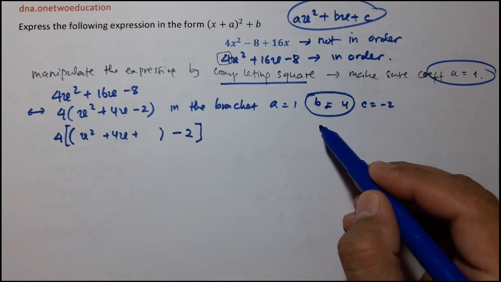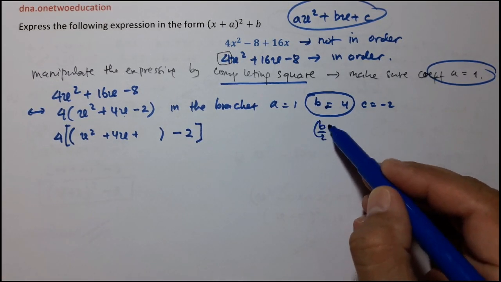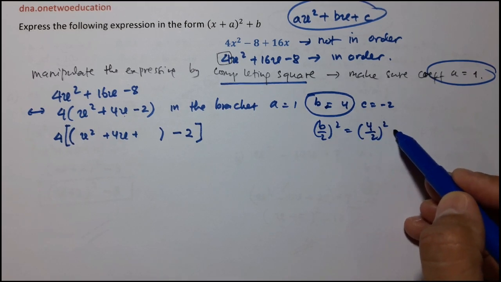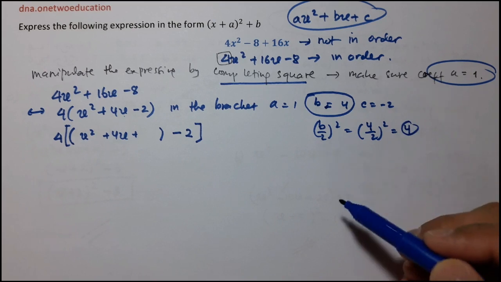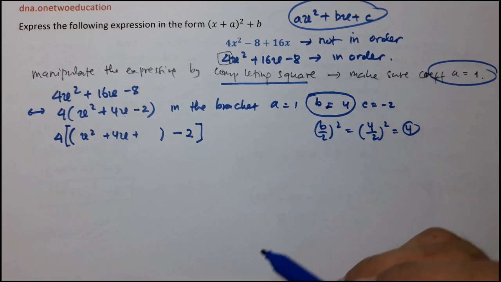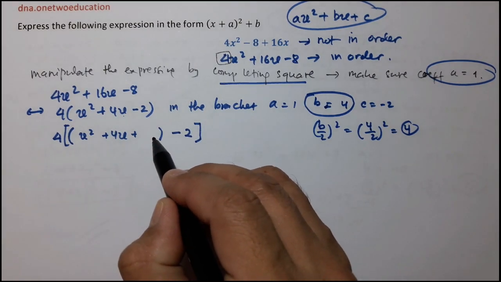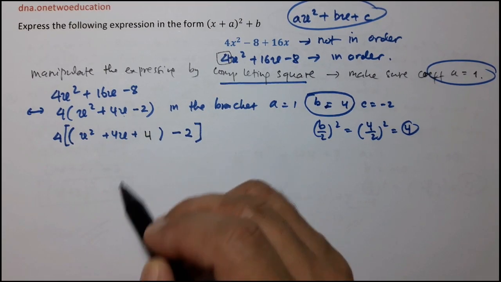The next step is (b/2)². So b is 4, 4 over 2 squared equals 4. By adding 4 here, right?